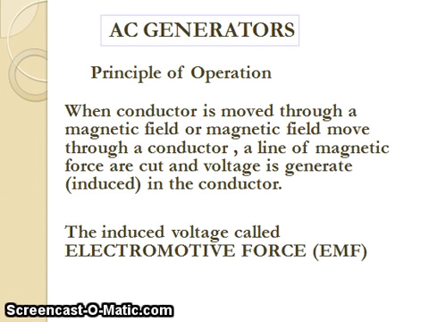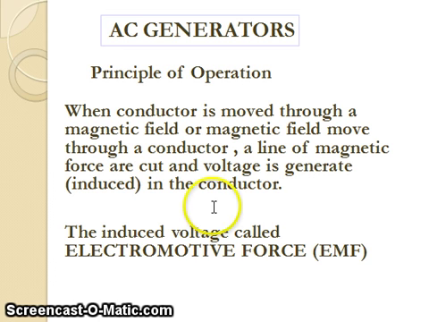Okay. The principle of AC generators. So this is back to Faraday's law. When the conductor is moved through a magnetic field, or a magnetic field is moved through a conductor, and the conductor cuts across the magnetic field, a voltage is induced in the conductor.